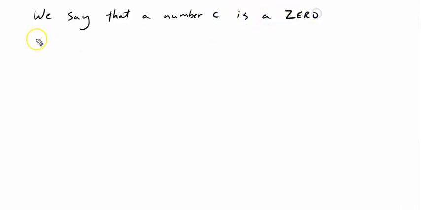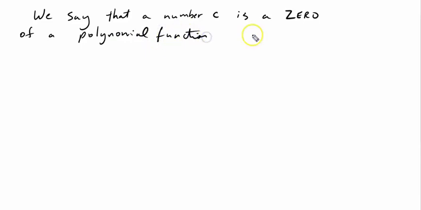So we say that a number C is a zero of a polynomial function, and I'll call it P of x, if, when I evaluate P at C, it gives me the number 0.